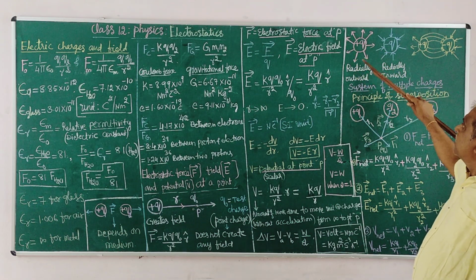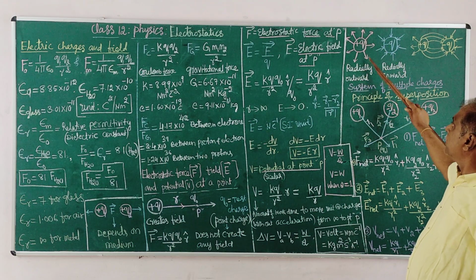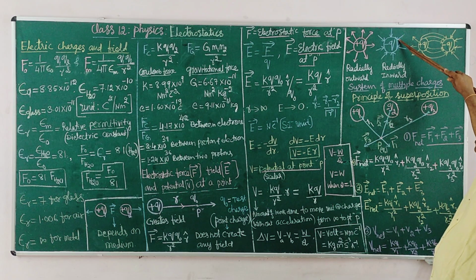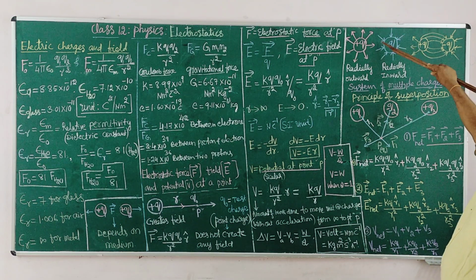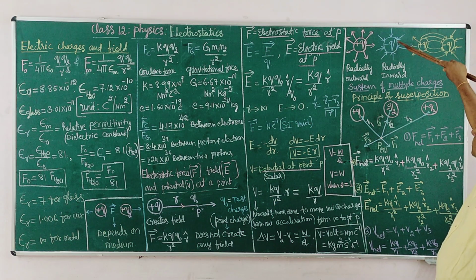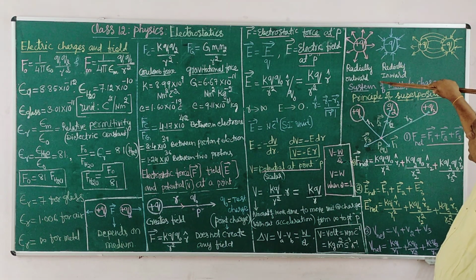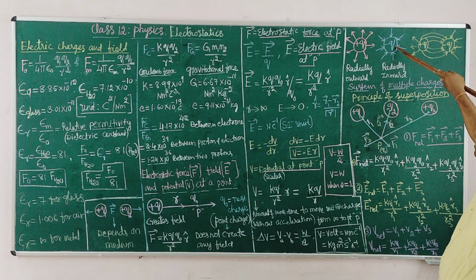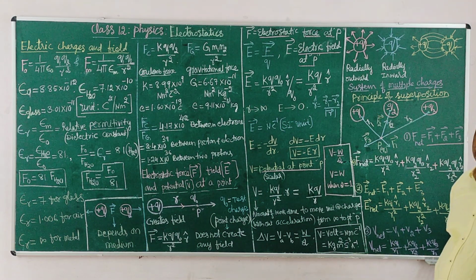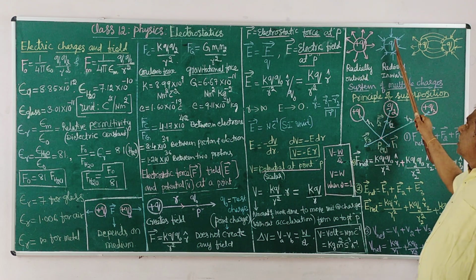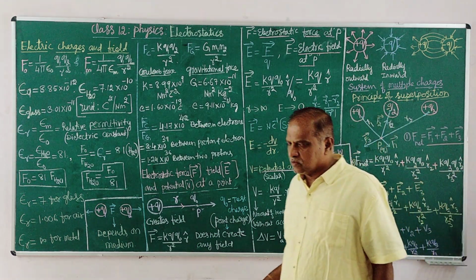For minus q, a negative charge, the direction is radially inward, coming from infinity to this point. For the positive charge, the lines commence from the charge point to infinite distance. So it is a radial distribution of electric lines of force, inward or outward, in the isolated state.